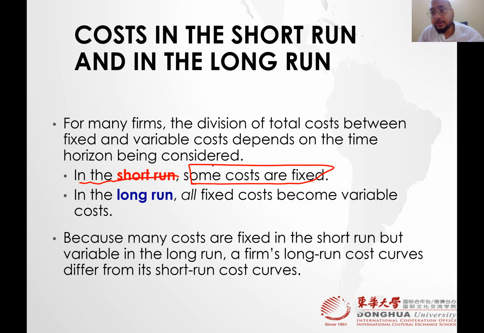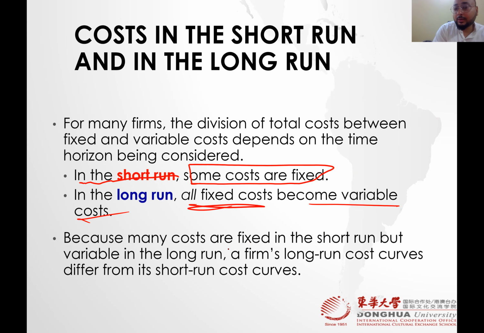But as time passes, my salary is going to be increased or decreased after a year. Rent is going to be increased or decreased after a year. Doctor fees are going to be increased or decreased after a year. So if you see it on a yearly basis, those costs that look fixed now change to variable. So in the long run, all fixed costs become variable.